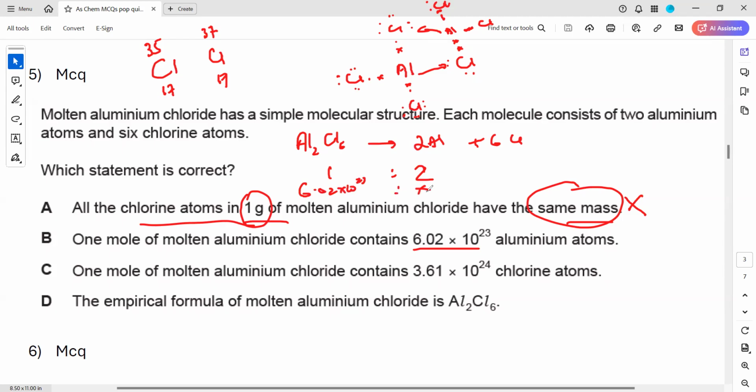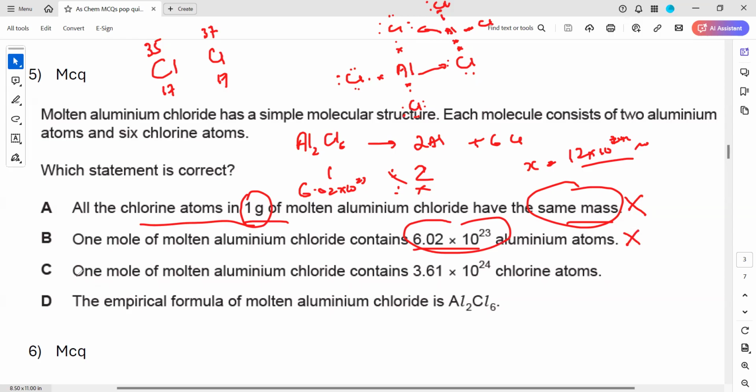So how many will there be? Cross multiply, and the answer will be 12 × 10^23. So it means double. If the ratio was 1:1, then 1 mole of aluminium chloride would contain 6.02 × 10^23 atoms. But here the ratio is 1:2. That's why statement B is not correct.